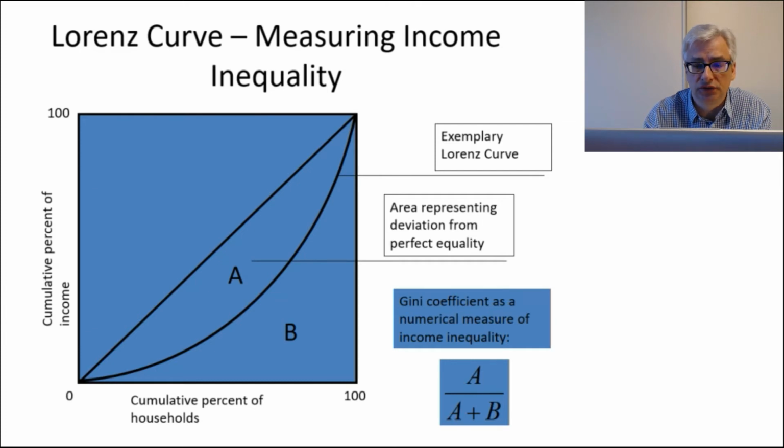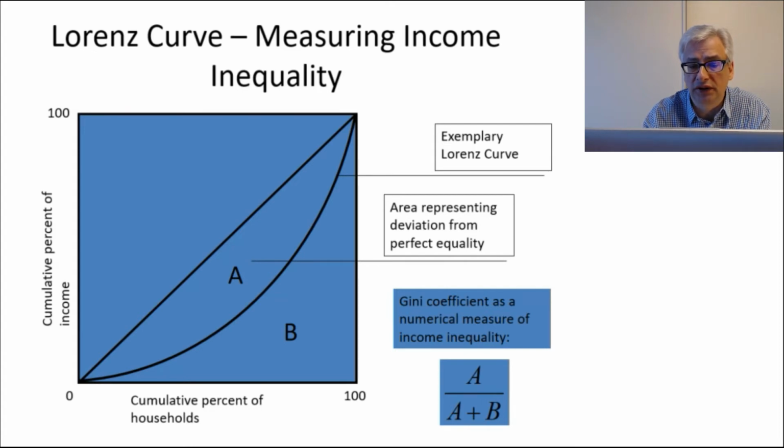What are the values of the Gini coefficient? Well, logic would give us a hint here. If we have perfect equality, then there is no deviation, there is no A area, or A is equal to 0. So 0 divided by A plus B gives you 0 as a result. If there are no inequalities, then the Gini coefficient is 0.